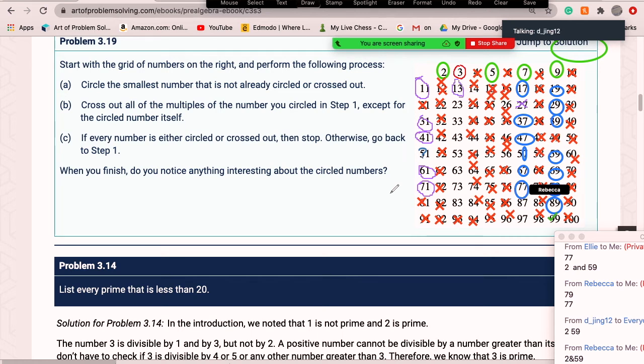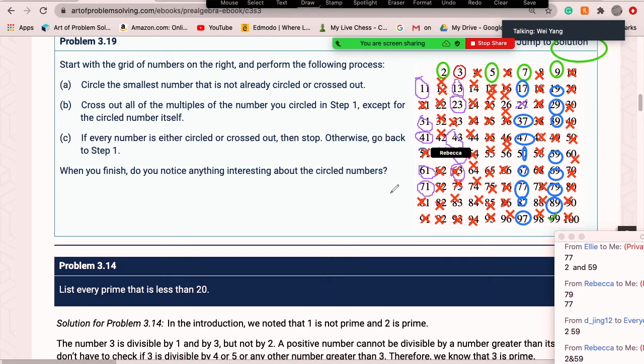If a number is a multiple of a number you already circled, you take it away. Some numbers you need to keep, but you wrongly crossed them out. That was the mistake.